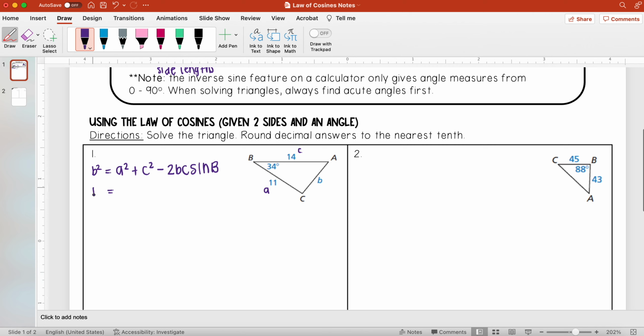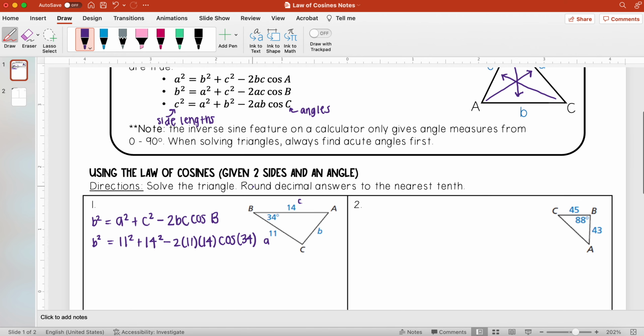Plugging in, I get that b squared is 11 squared plus 14 squared minus 2 times 11 times 14, and that should say cosine, not sine, cosine of 34, as we see above.